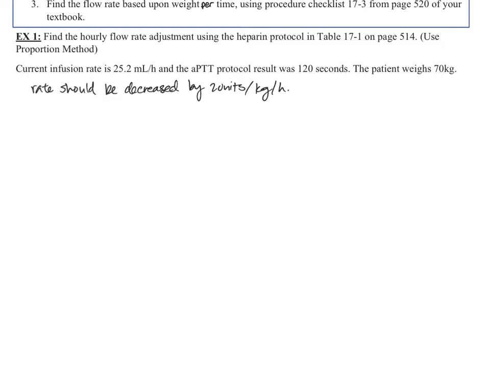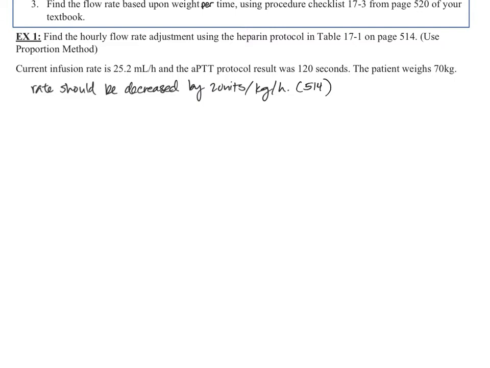Please note that this information can be found on page 514. It's in that chart. But remember that the chart they gave us was only to be used for the textbook, not actually to be applied in practice. So the chart you'll be getting in practice will depend on where you are working.